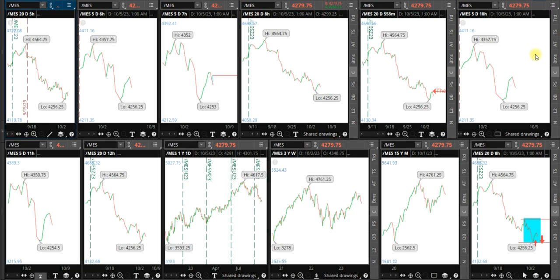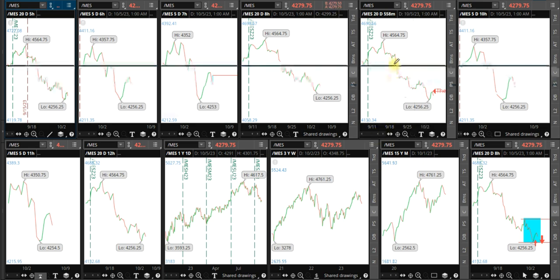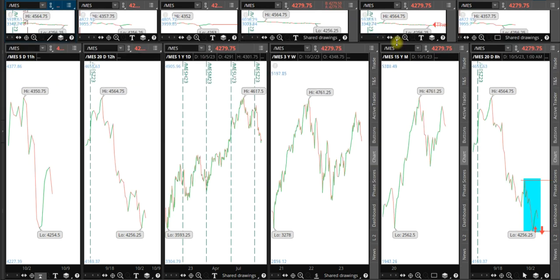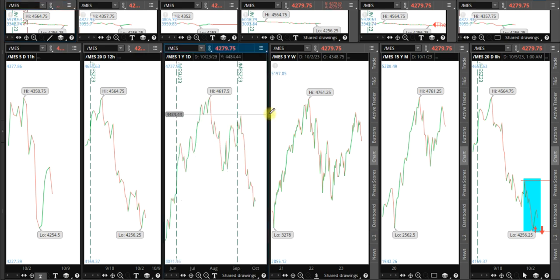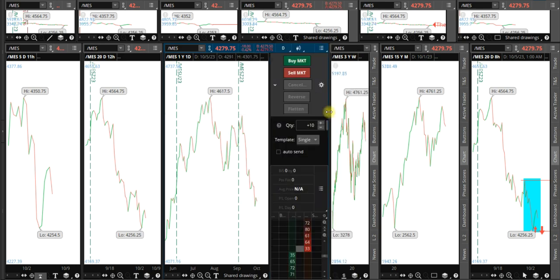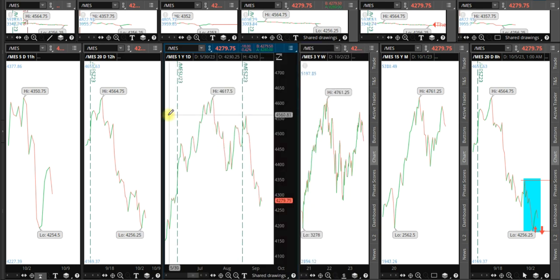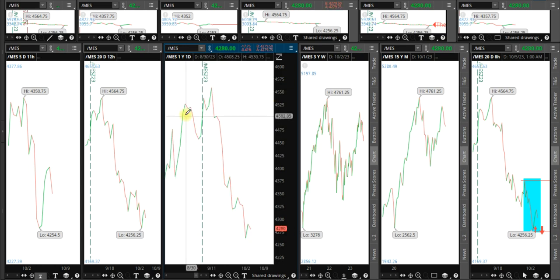Now, on the longer time grid, we're looking at the daily. Let's see this right here. Okay, daily. Right here. This is bullish.